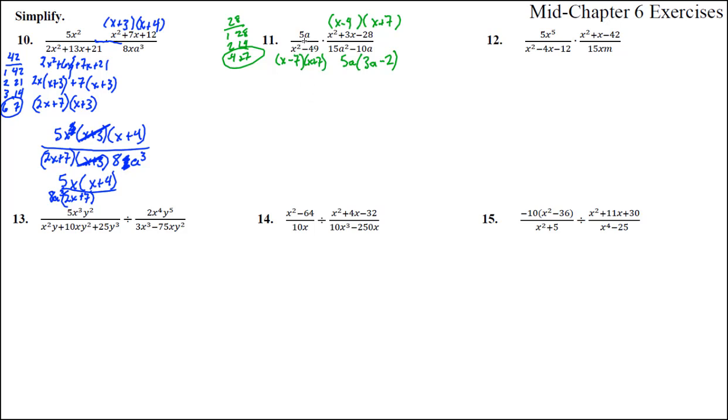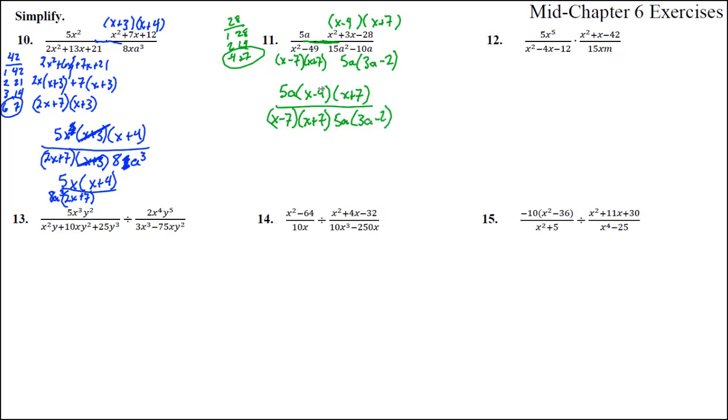All right, so multiplying, that means we get to just connect the dots there. So we get 5a times x minus 4 times x plus 7 over x minus 7, x plus 7, times 5a times 3a minus 2.